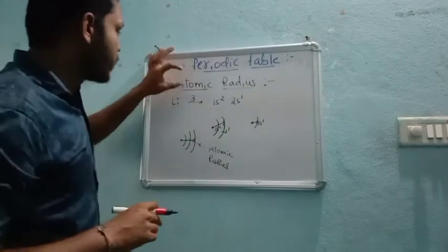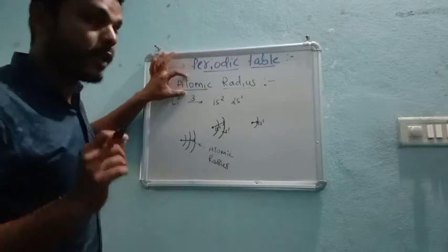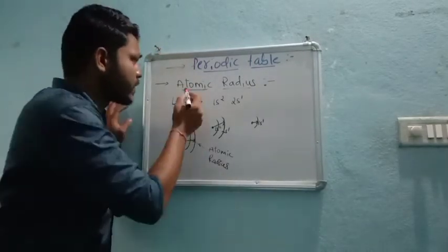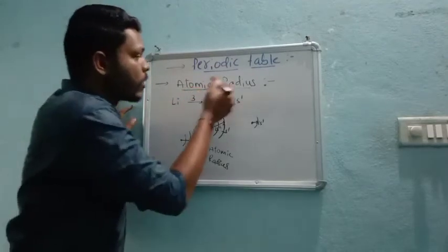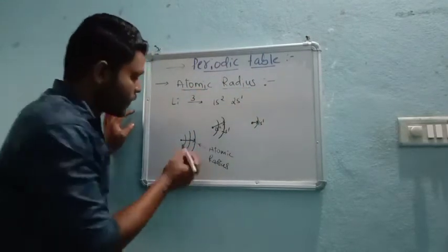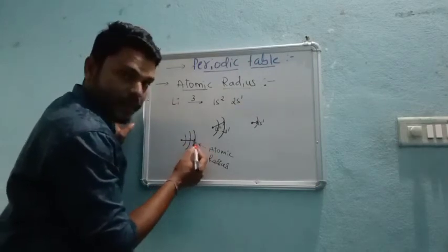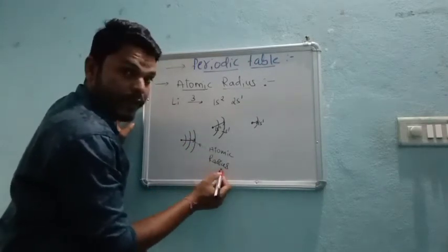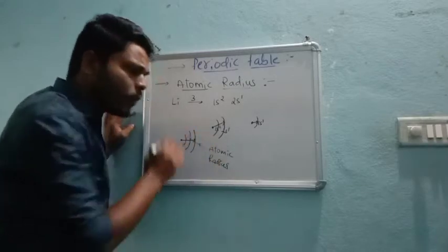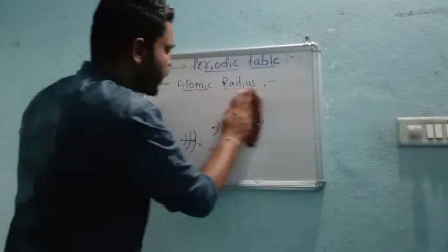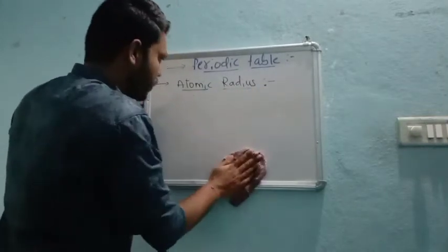So that's why atomic radius is very important. Try to understand it. Once again, I will repeat: atomic radius is nothing but the distance between the center of the nucleus to the outermost shell. Now we will go with our period and the group.